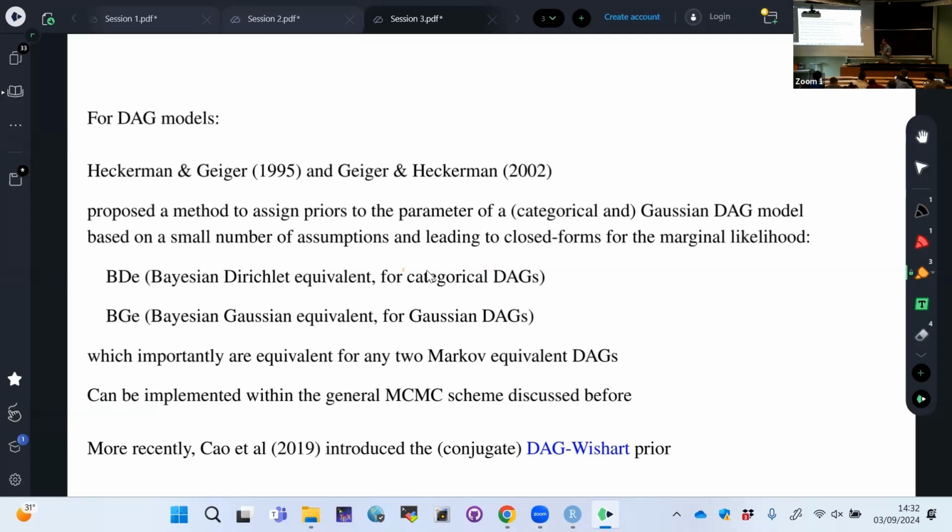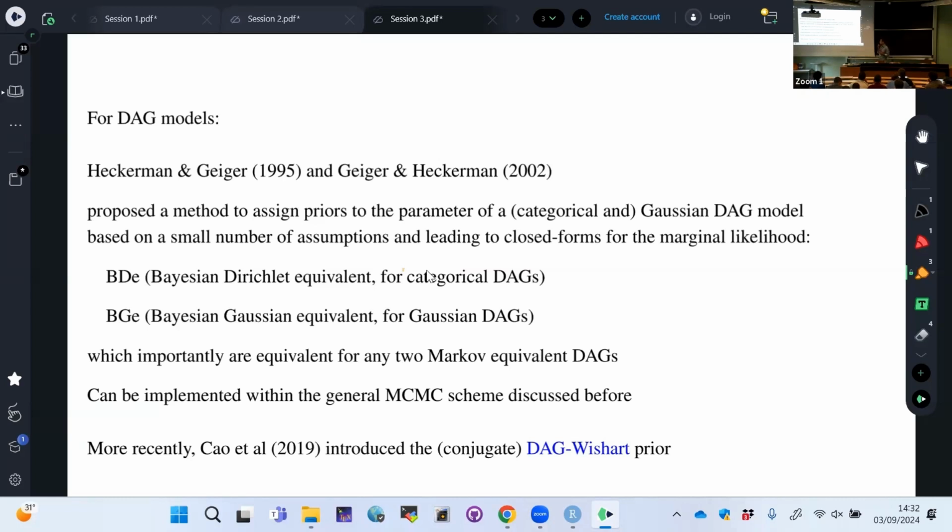Basically they rely on a set of general assumptions showing that if these assumptions are satisfied by the likelihood and the prior that you would like to have, then you can directly compute a score, a marginal likelihood, using a closed form expression.